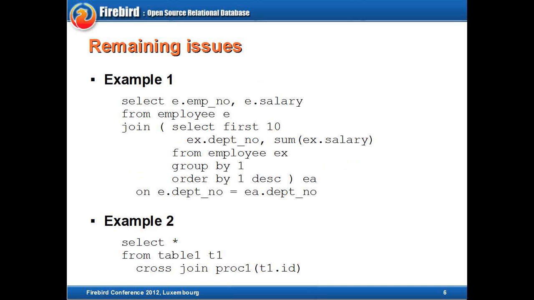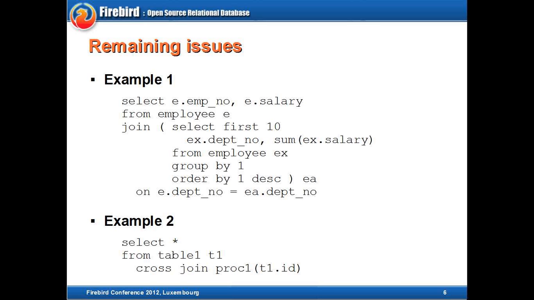So, what can we see here? The subquery has a grouping by, ordering, and the first 10 clause. So it's complex enough, but we don't actually know how complex it is, how hard it will be to execute this query, and what is going to be its cost.